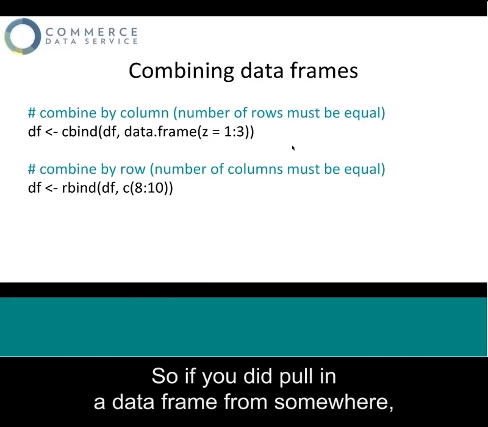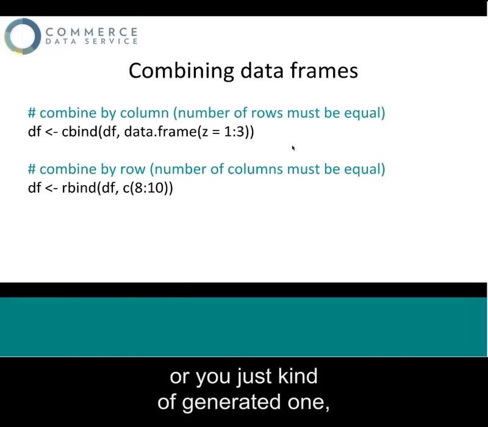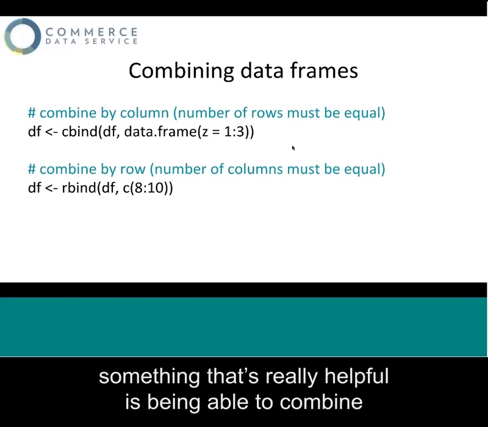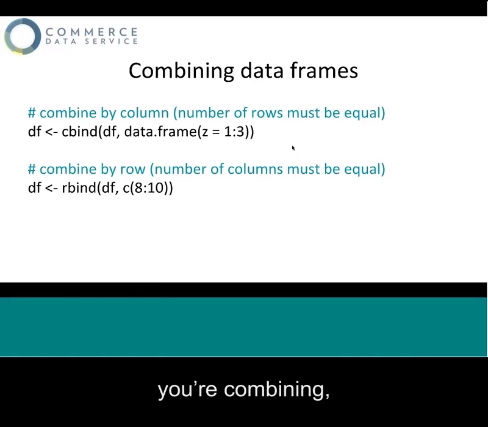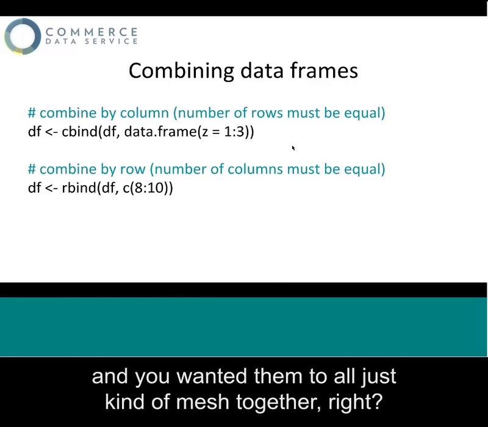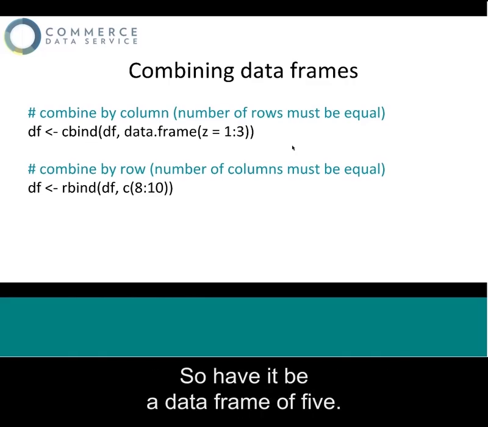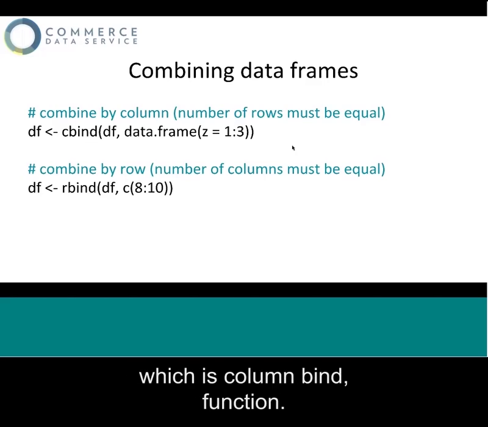So if you did pull in a data frame from somewhere, or you just generated one, something that's really helpful is being able to combine those data frames. You can decide whether you're combining a data frame with 3 columns with a data frame with 2 columns, and you want them to mesh together, so have it be a data frame of 5. In that case, you'd use cbind, which is the column bind function.